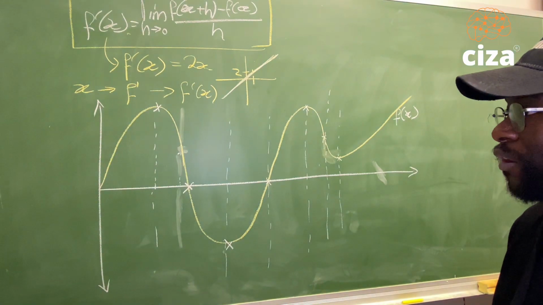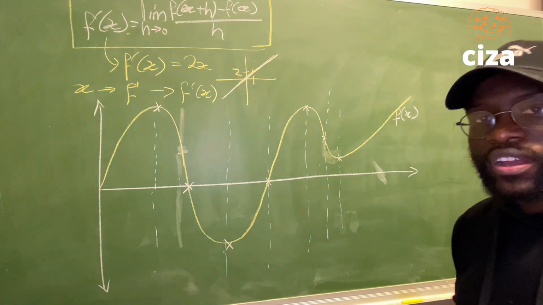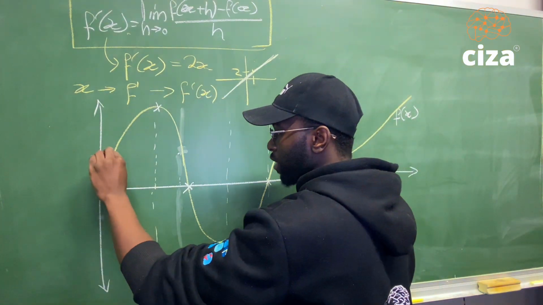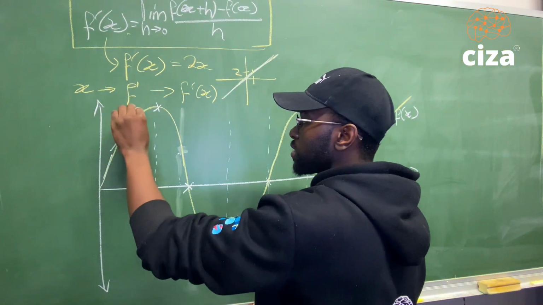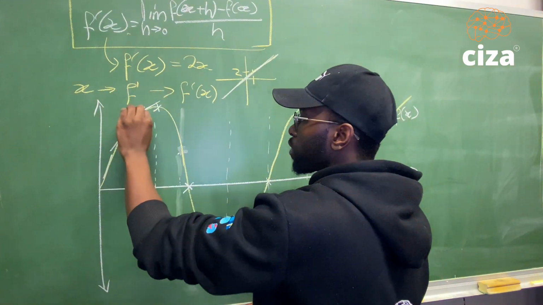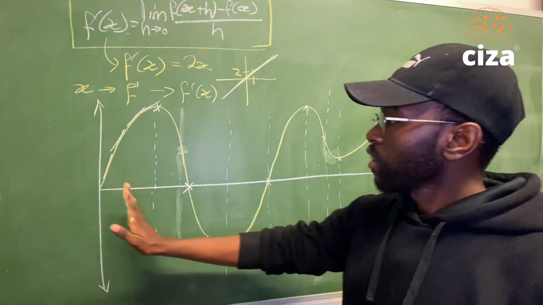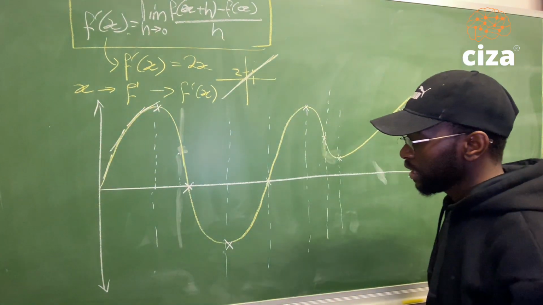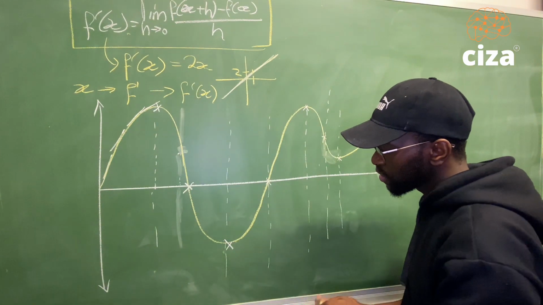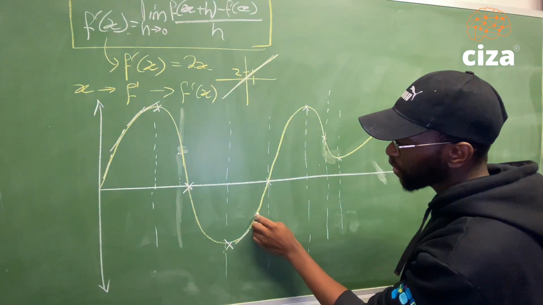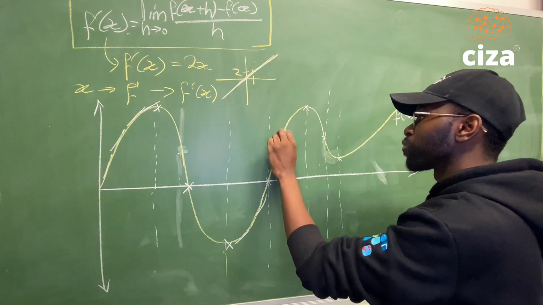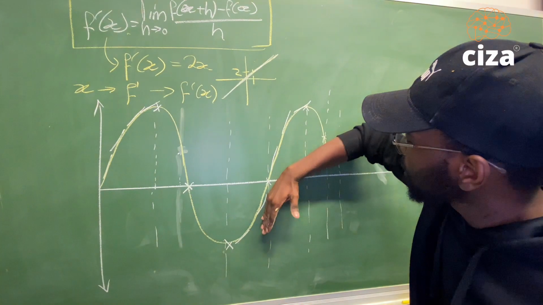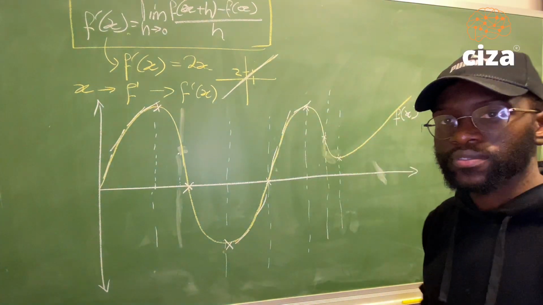Okay, now let's look where our function is increasing. If we draw gradients along the function as it increases, we will notice that all our tangent lines have a positive gradient. Even if you come to this side, where our function is increasing, the gradients of the tangent lines are all positive.